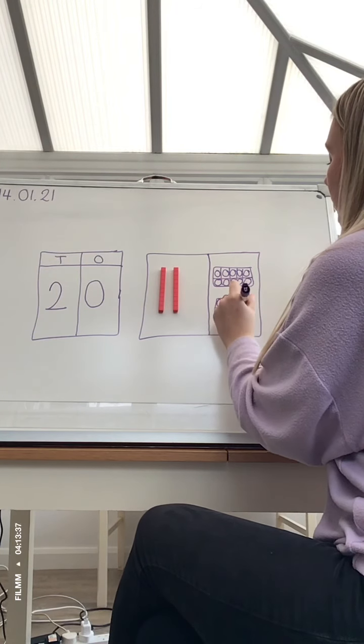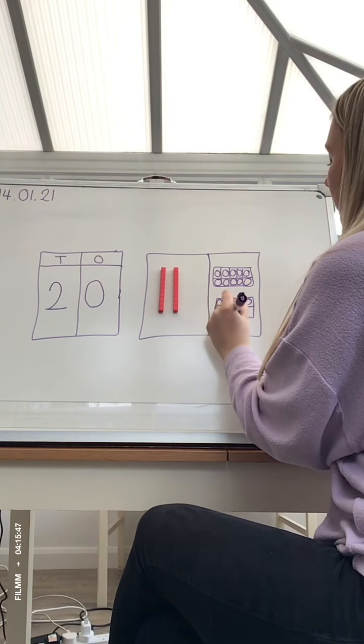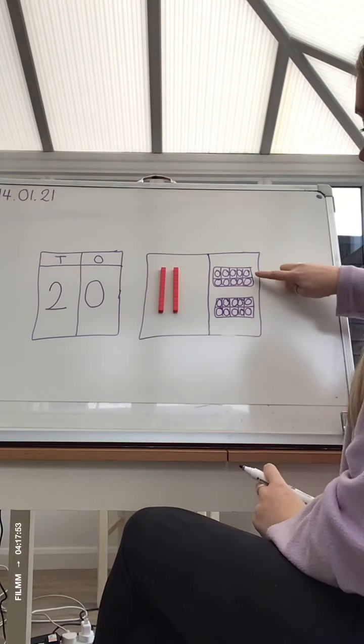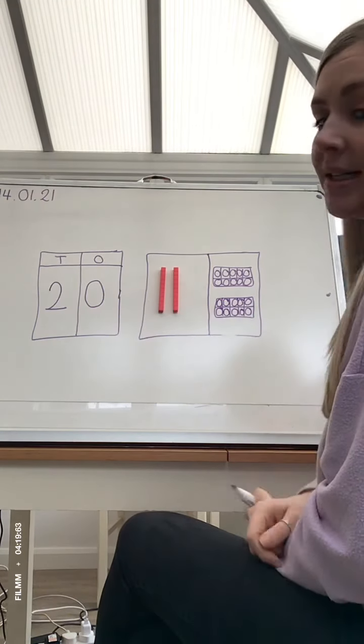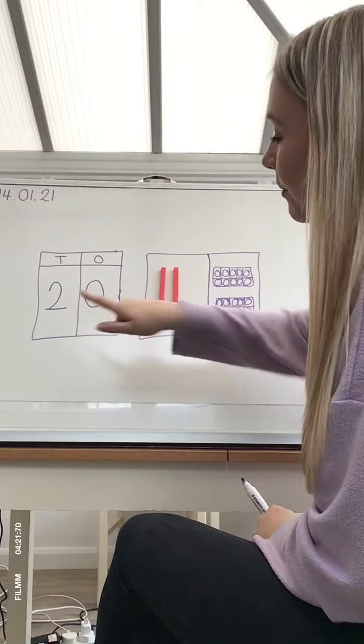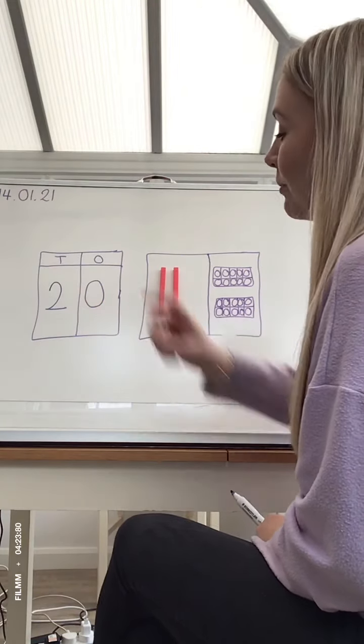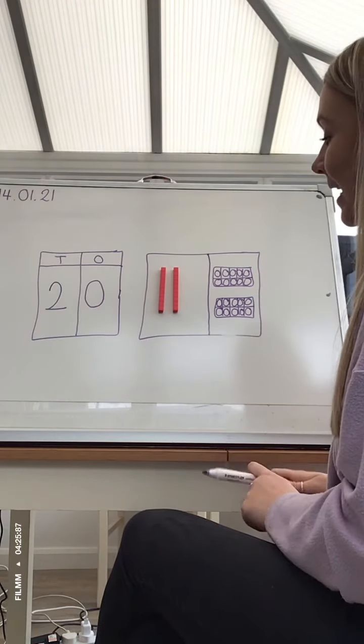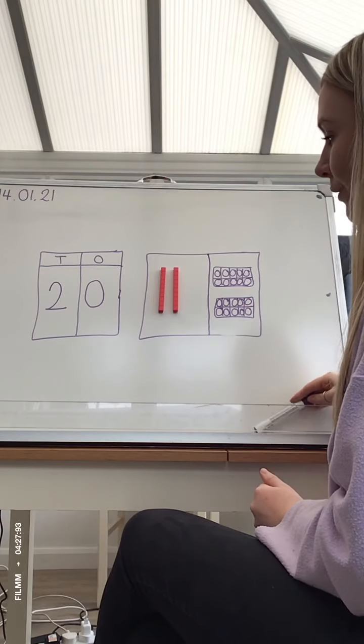So there's 1, and now there's 2. 2 groups of 10 to equal 20. Just to double check, I'm looking at my ones. There are 0 ones in my ones column, so I don't need to add any additional counters to my pictorial representation. Excellent, so now we've got our brains warmed up and we've been thinking about representing numbers 11 to 20.